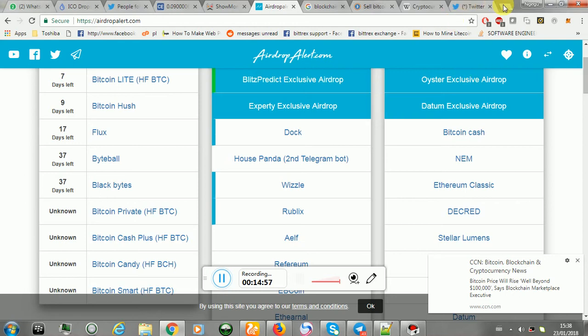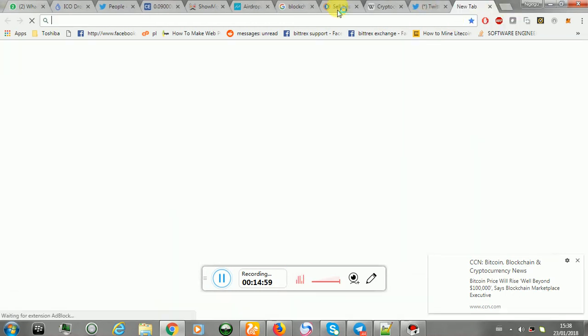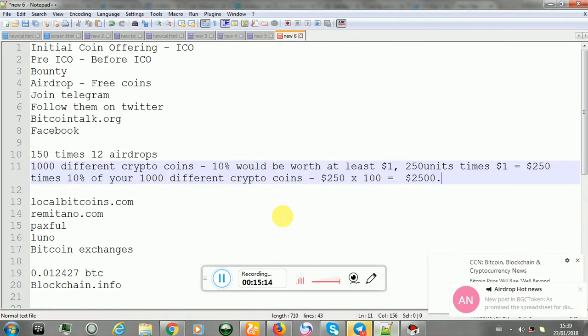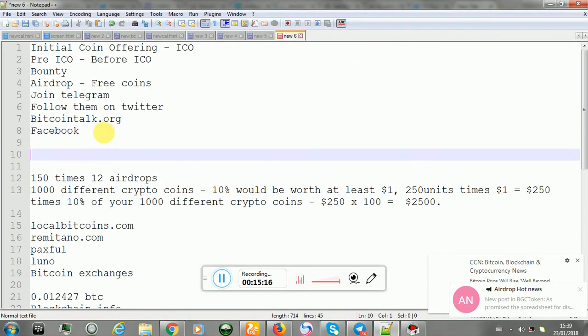Okay, all right. Now let's move to creating a wallet. Most of these airdrops allow you to use some wallets. Some of them are created on the Ethereum platform, some on other platforms. Let me type them too.